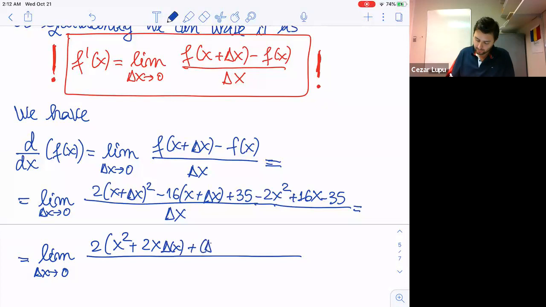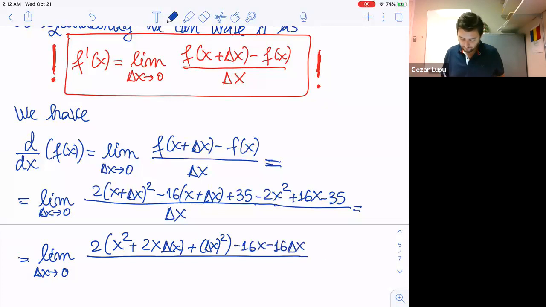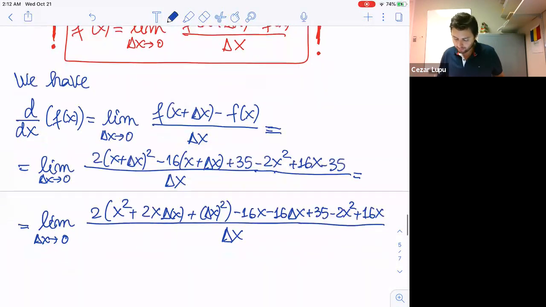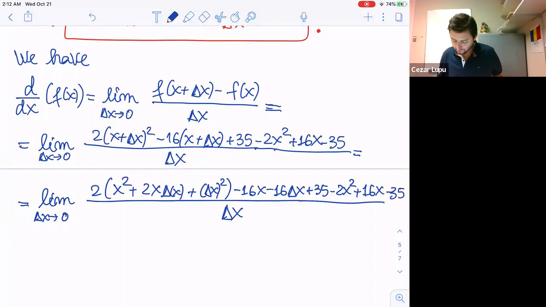Plus delta x squared, minus 16x minus 16 delta x plus 35, minus 2x squared plus 16x minus 35.